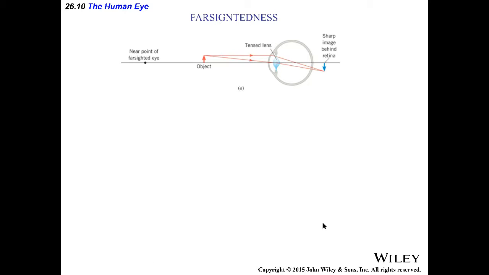Far-sightedness. Well, this is now one where your human eye cannot see anything near. Your human eye can see things that are very far away.